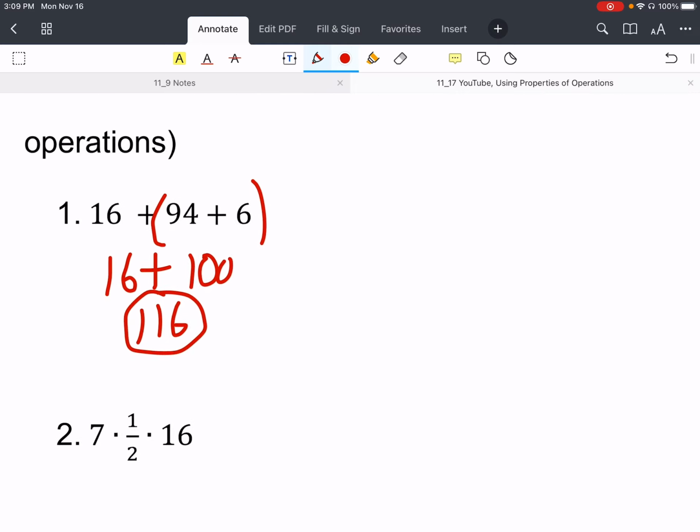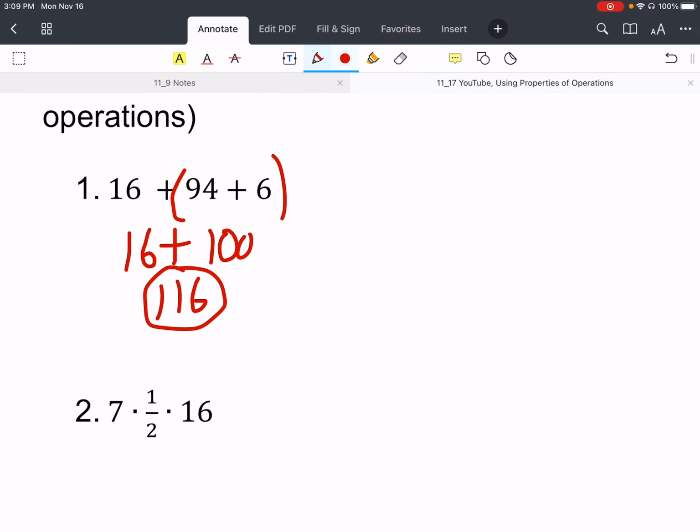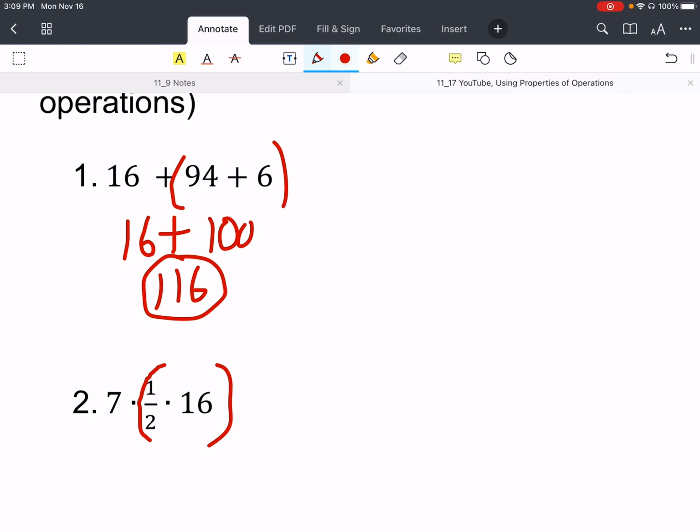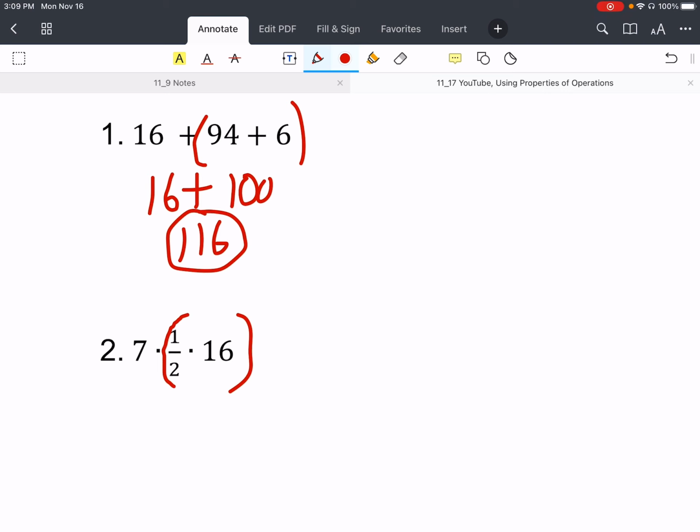This multiplication problem will make things a little bit easier. We would normally do 7 times 1/2 first, which, while it's not impossible, it's not that fun either. So I'm going to use parentheses, put them around 1/2 times 16, and I want to do that first, because half of 16 is 8.